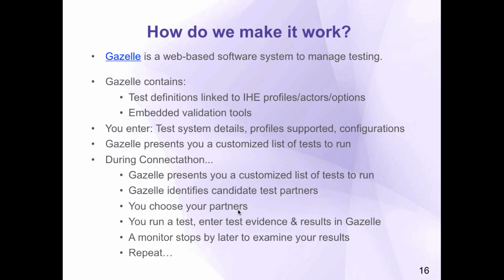You'll run a test, you'll enter evidence, and Don and I spend the week observing your results, taking a look at your capabilities, and evaluating those against the requirements in the profile, and we do that in an iterative way throughout the week.